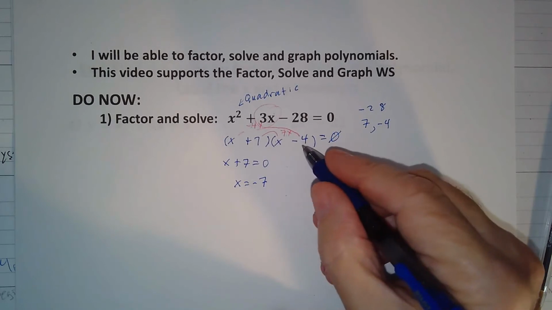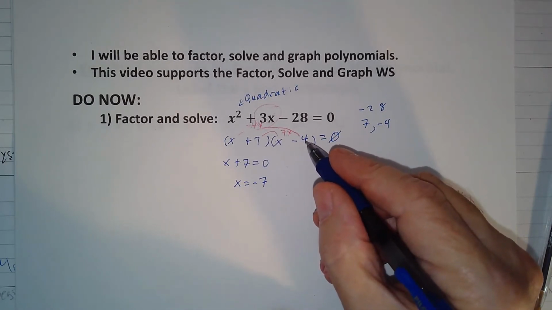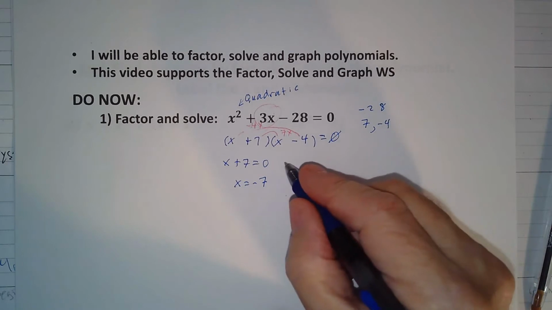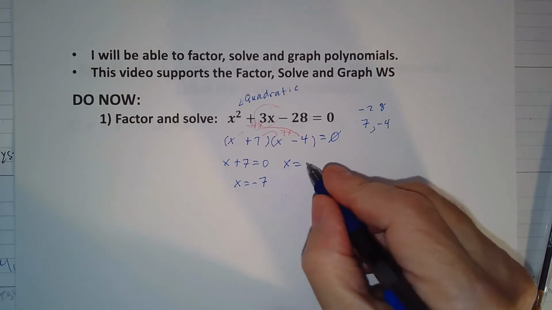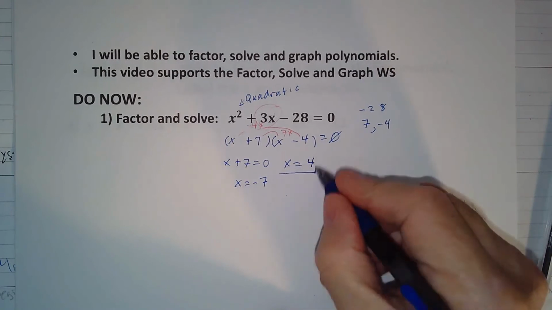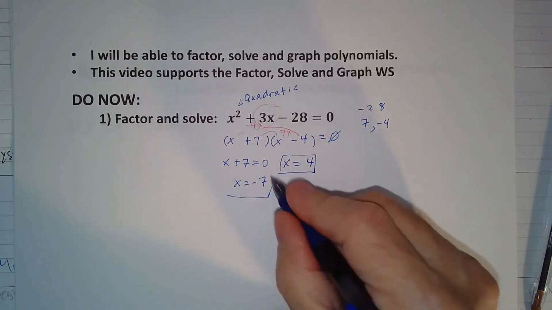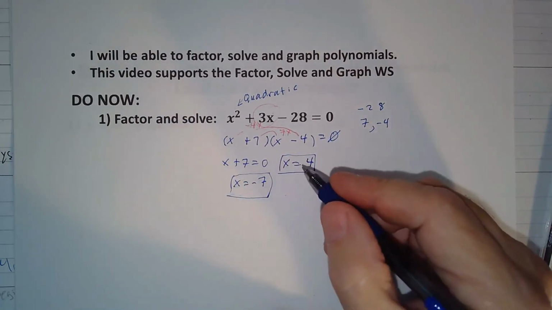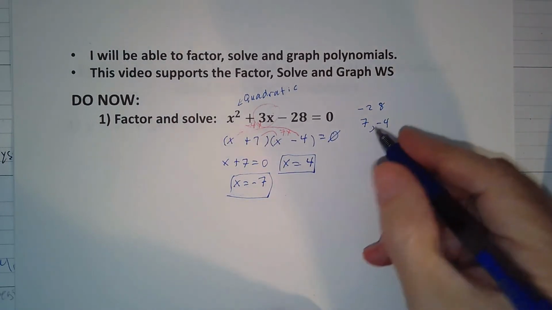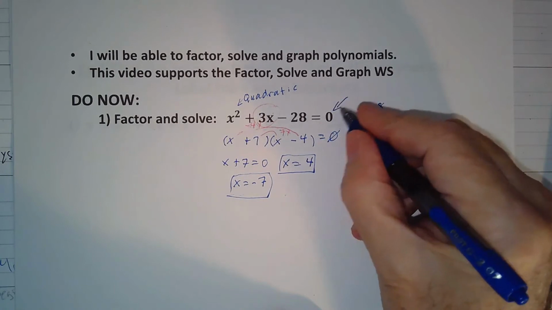And then over here, you're looking at this. This is x minus 4. So what does x got to equal? X has got to equal positive 4, because you would be adding 4 to both sides. So here are the two solutions for what x is when y equals 0. So, I told you this before.